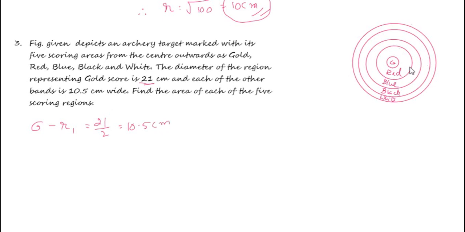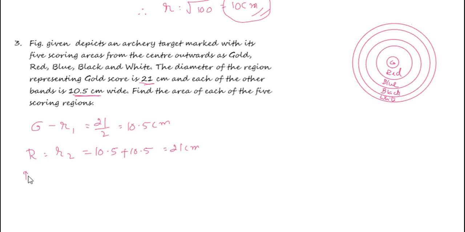Each band is of width 10.5 centimeter. So radius of next band, that is red, R2 is equal to radius of gold band, that is 10.5 plus width of red band, that is 10.5 again, that is 21 centimeter.